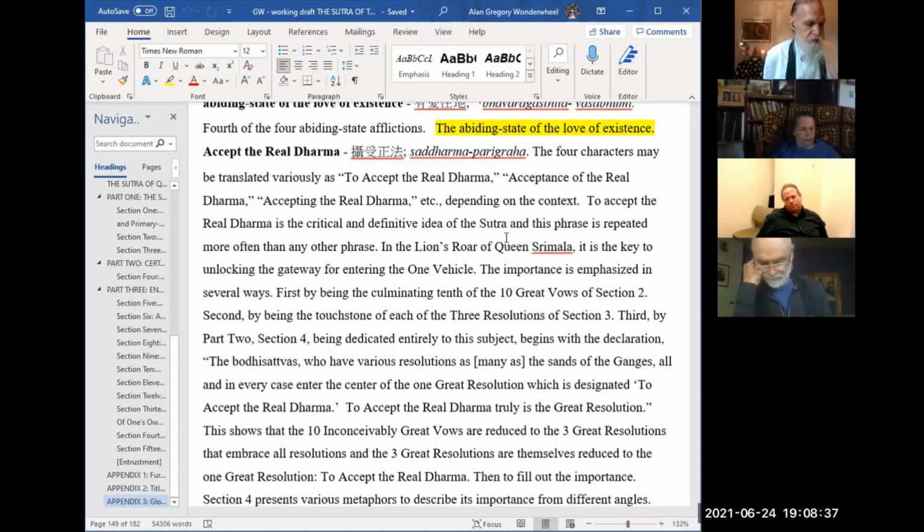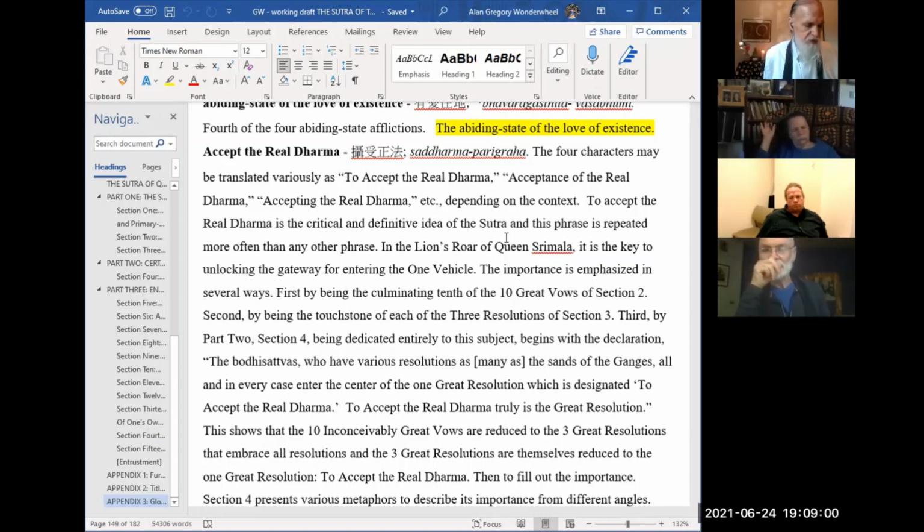Paul has true Dharma, Chang has true Dharma, I have real Dharma. The word sat, it's sad Dharma, and the root is sat, but when the T connects to Dharma, it changes to a D in the conjunction sad Dharma.